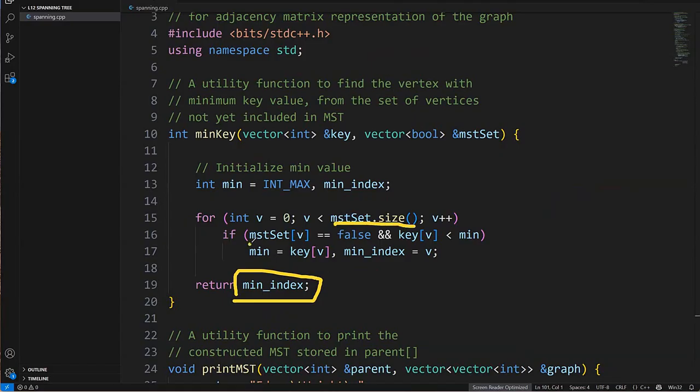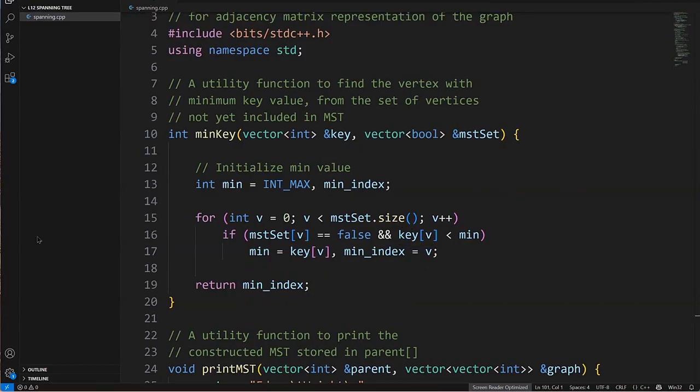If the node is not selected and the key of the node is a minimum, then you will keep that one. So the key is a vector of integer for different outgoing nodes. Okay, we'll talk about it later.